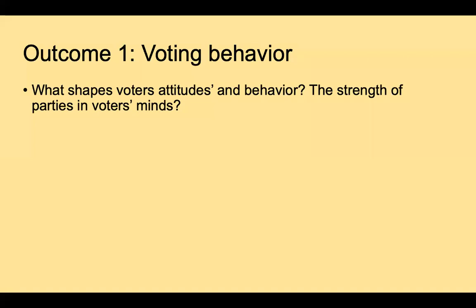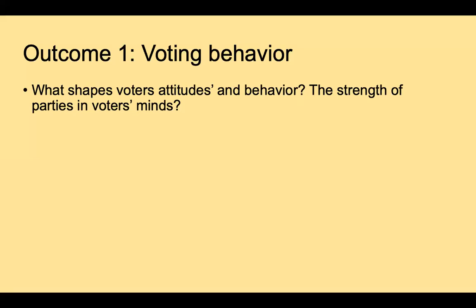Both voters and parties engage in this behavior in an organized institutional context. And the question for us is what shapes voters' attitudes and behavior? And what is really at the root of their decision making? Is it partisanship or economic circumstances? Is it considerations of ethnicity or cultural beliefs or other circumstances that might connect them to a party or a candidate?